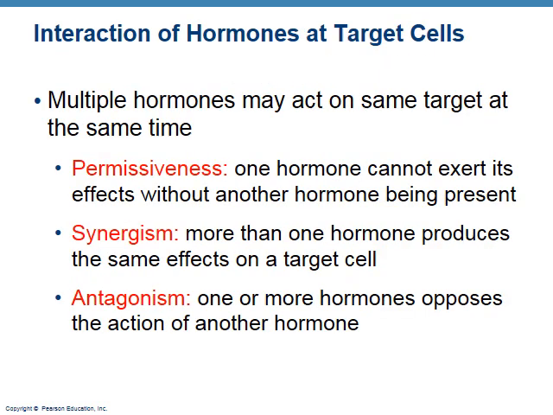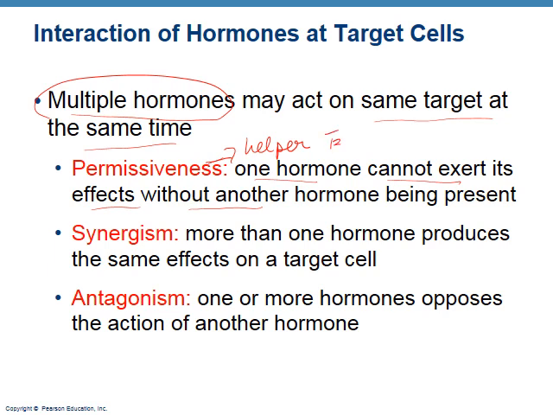So to add to some of the confusion, we can have multiple hormones that act on the same target at the same time. So they list them out here. Permissiveness, this is when one hormone cannot exert its effects without another. Basically, you need a helper.